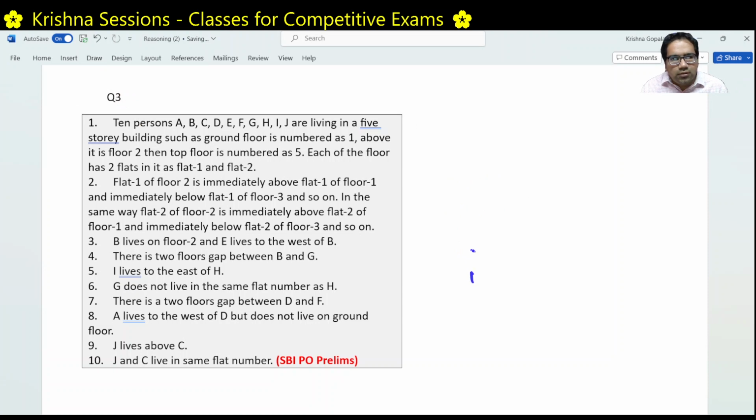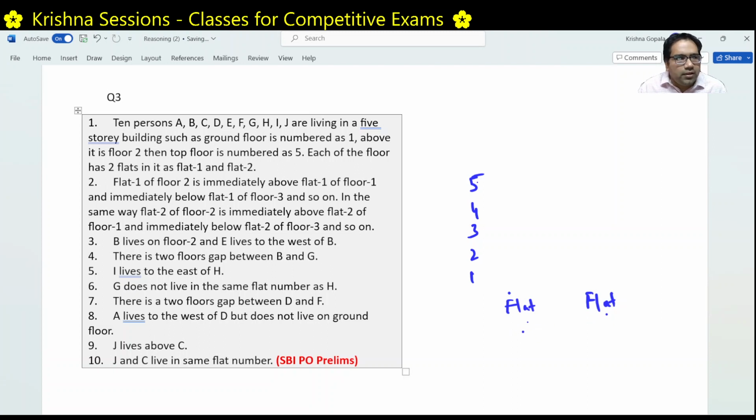Floor one, 2, 3, 4, and 5. There are two flats in each floor. Flat, flat. We don't know which is what flat. Flat one is this, or flat one is this, flat two is this, or flat two is this.